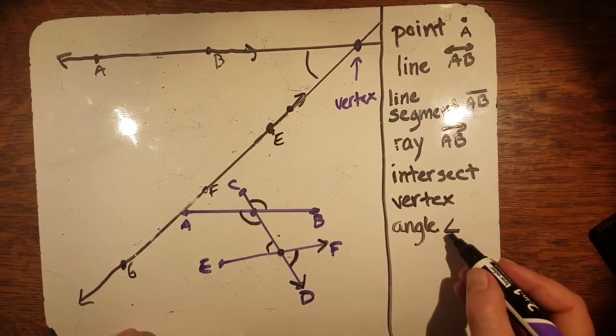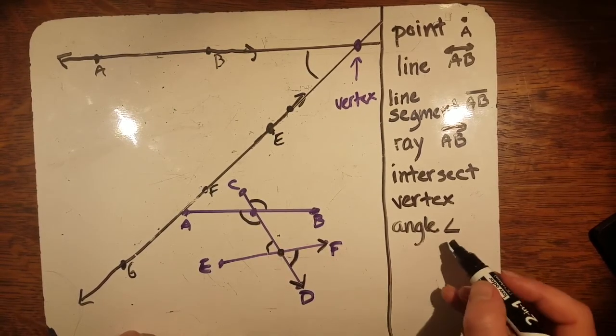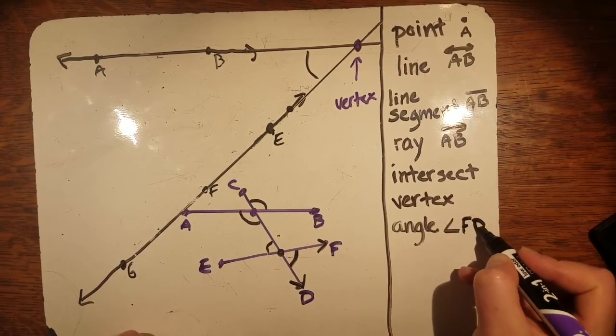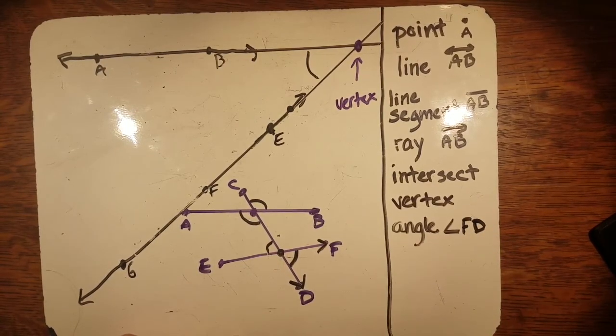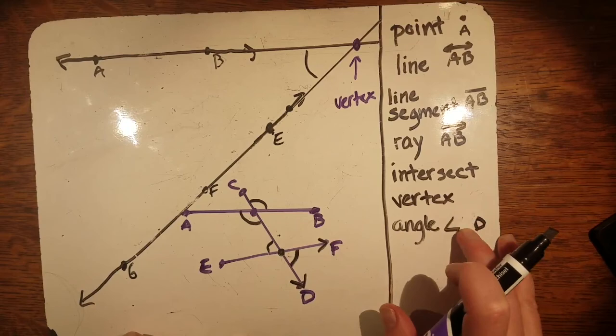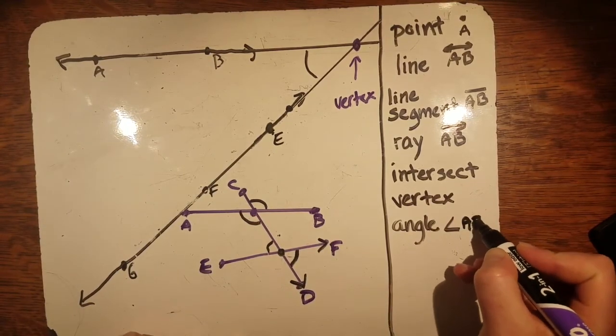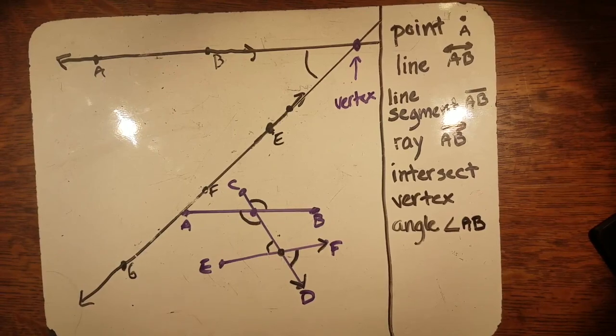And it kind of looks like a greater than symbol, but notice that it's flat on the bottom. And we can call that FD or DF, or something like that, whatever the points are called at that point.